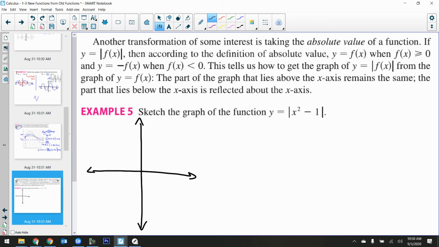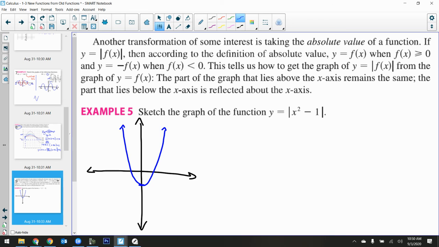A parabola, right 1, down 1? Not right. Down 1. Remember, right would be inside parentheses. So, again, just a sketch. That would be just x squared minus 1.